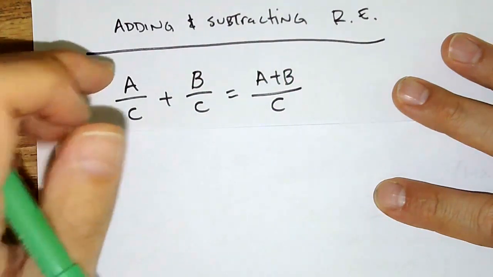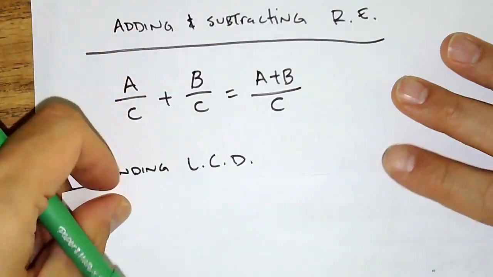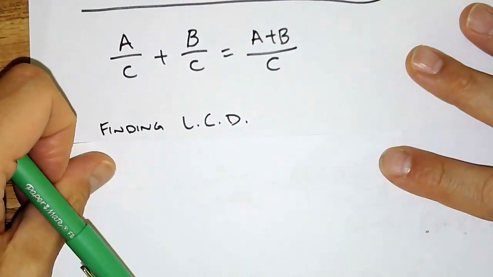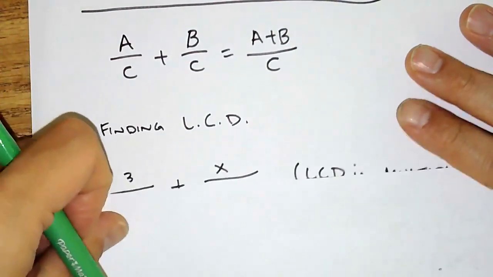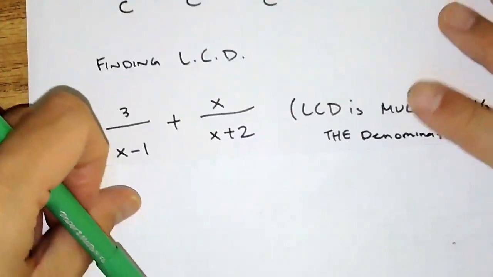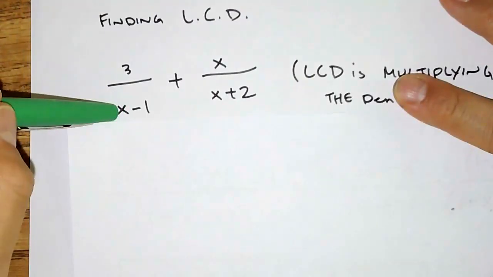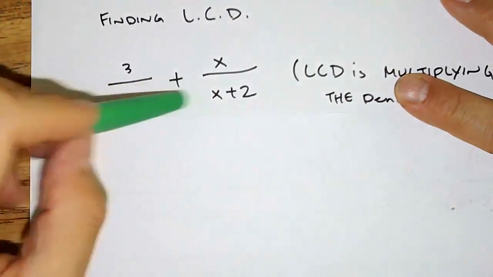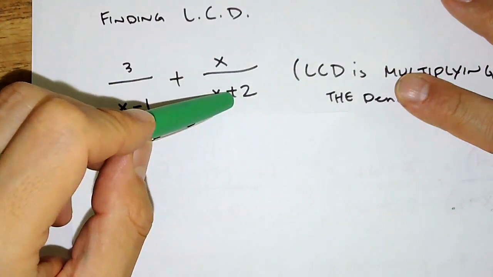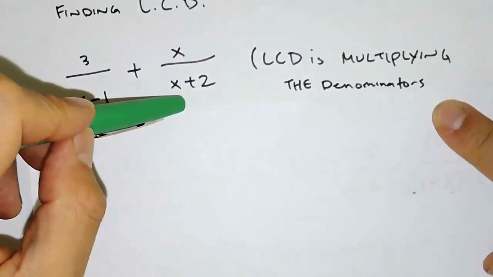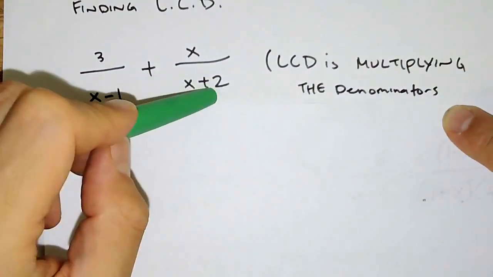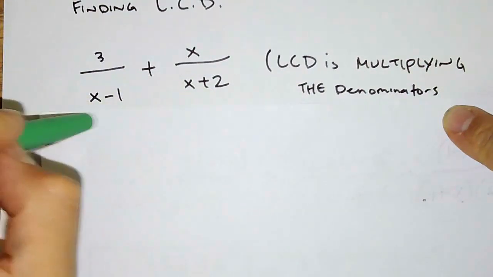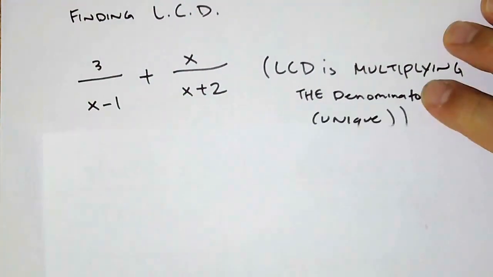And that becomes A plus B over C. So we have to find the lowest common denominator. To find that out, if it's a rational expression and you have polynomials, all we're going to do is just multiply the denominators. So x minus 1 times x plus 2 is my denominator.